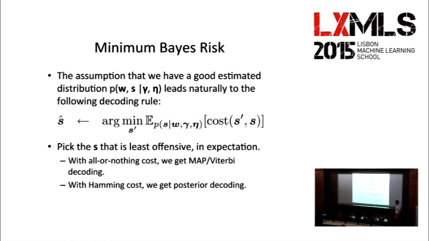So you're picking a state sequence that is as inoffensive as possible in expectation. I'm not going to go through the derivation. You've already seen enough equations with lots of nested sums and products and things. But it's not too hard to show that if the cost was all or nothing, you'll get Viterbi decoding. If the cost is Hamming, you get posterior decoding. So they're both doing the same thing. They're just making different assumptions about the costs.